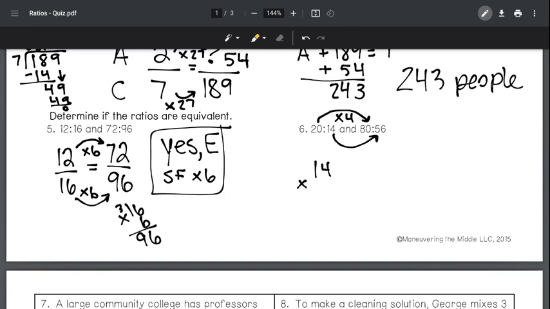So 14 times 4. 4 times 4 is 16. Carry the 1. 4 times 1 is 4, plus 1 is 5. It is. So they are equivalent. Yes. Equivalent ratios. And the scale factor, what we would multiply the first ratio by to get the second ratio, is 4.